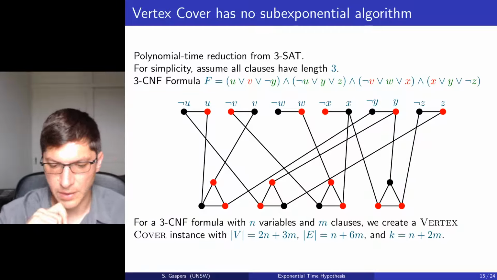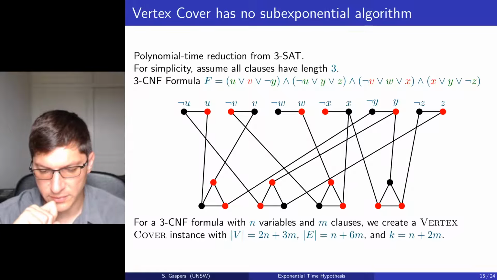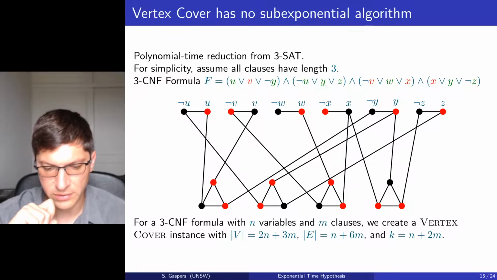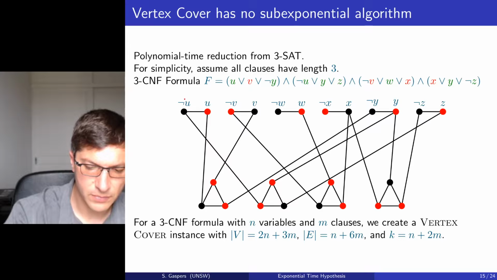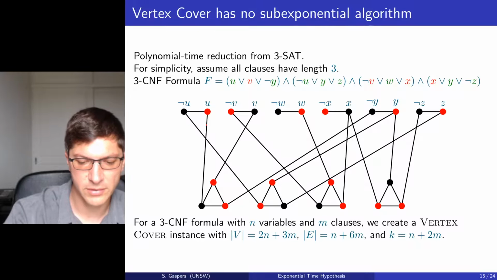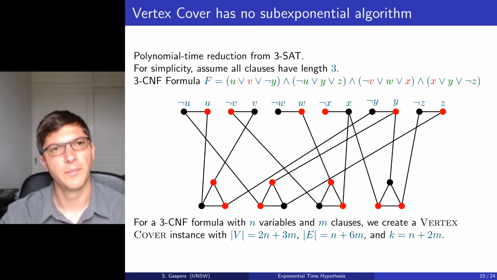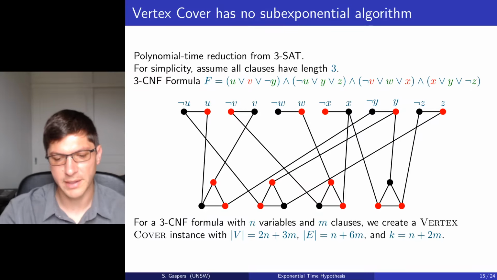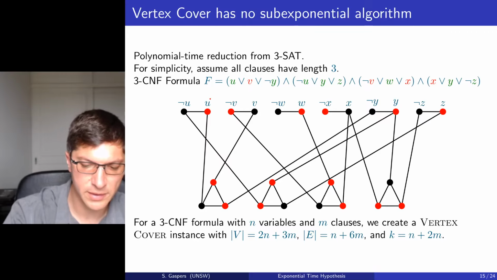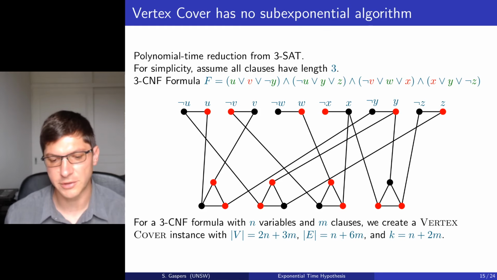So now, what is k? So we have to set k to some value. And we know that we need at least one vertex in our vertex cover to cover every gadget corresponding to a variable. So for each variable gadget, we need at least one vertex to cover this edge.